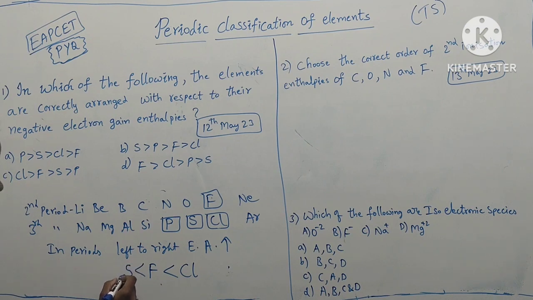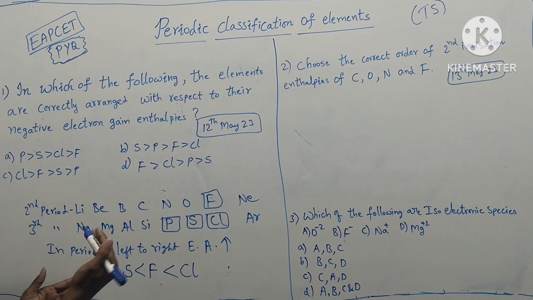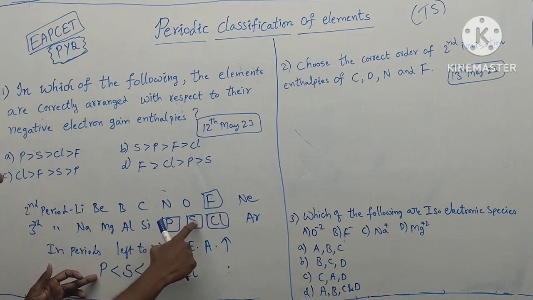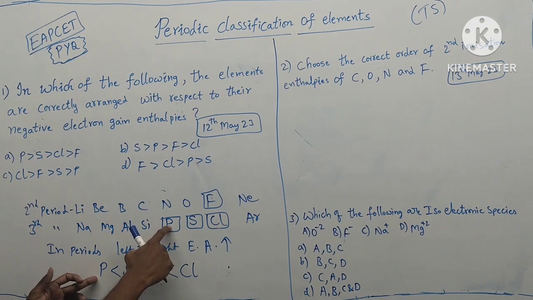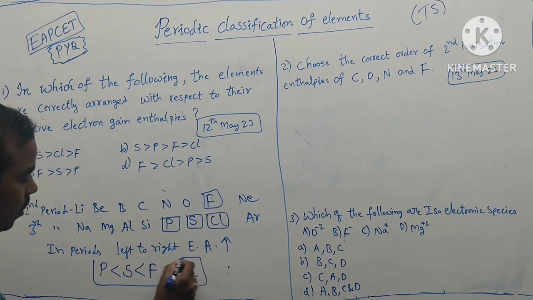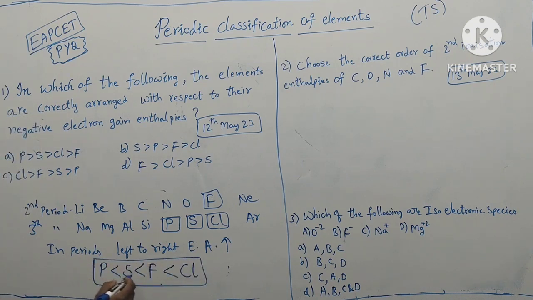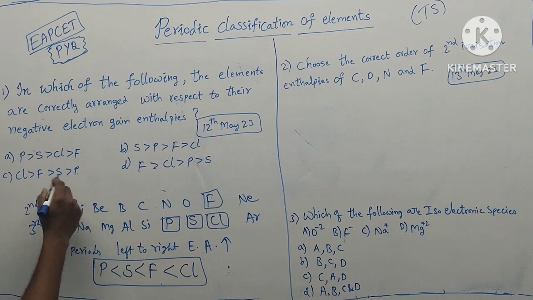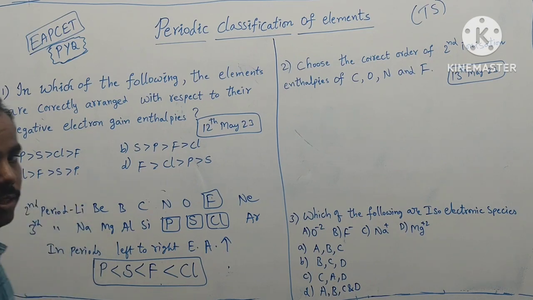Next sulfur, next phosphorus. Why is phosphorus's electron affinity less than sulfur's? The atomic size of phosphorus is more, and more atomic size means less electron affinity. That's why the electron affinity order is P, S, F, Cl. So the answer is C.